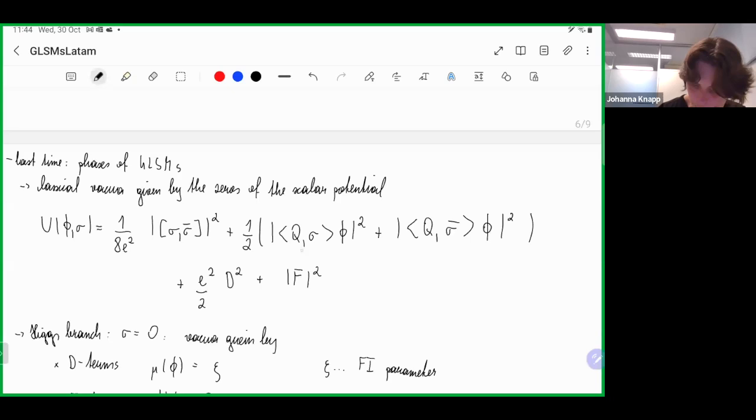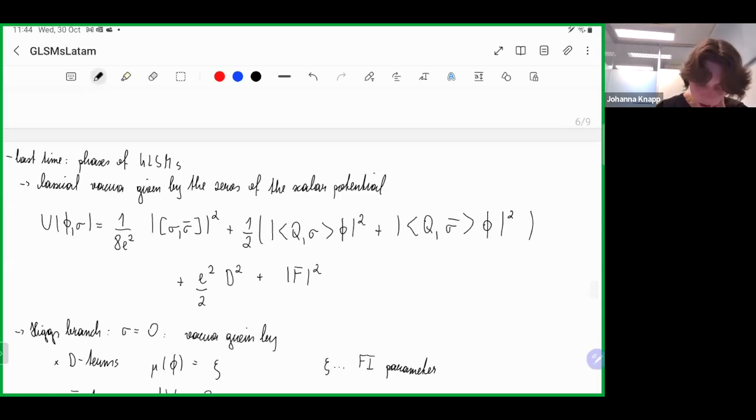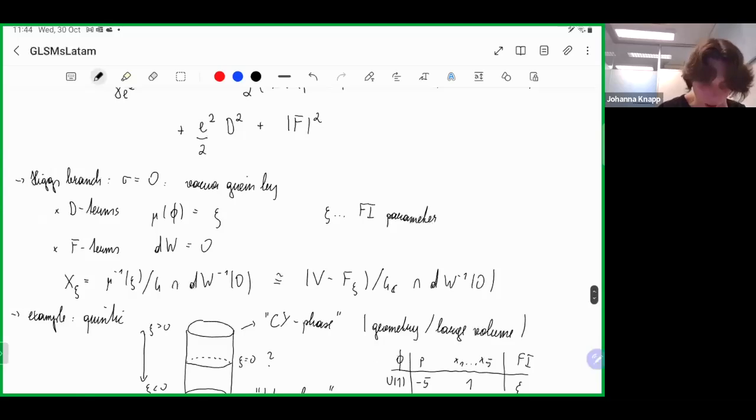And then for the others, there's always a mixing between sigma and phi fields. So what we would like to do in the generic case is set all the phi fields to 0, and this is also what we're going to do. Then we can look at the D-term and the F-term equations. If all the phi fields are 0, the superpotential, we always have to exclude linear terms in the superpotential, so they are at least quadratic.